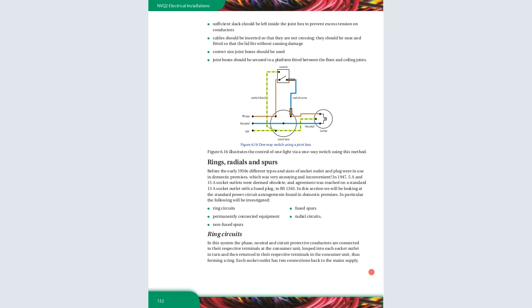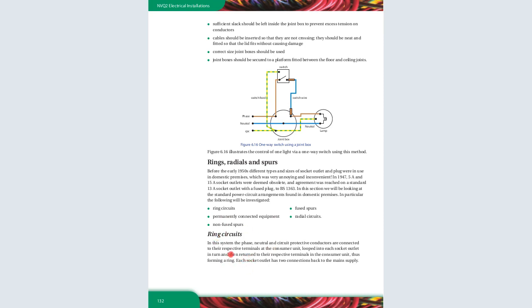In this section, we will be looking at the standard power circuit arrangements found in domestic premises. In particular, the following will be investigated: the ring circuits, the fused spurs, the permanently connected equipment, the radial circuits, and the non-fused spurs. So what are these ring circuits?